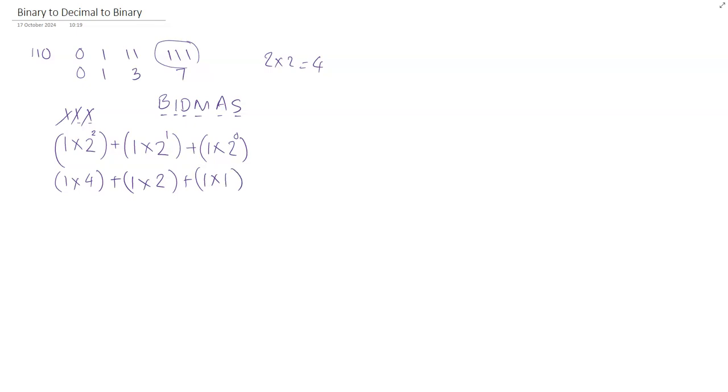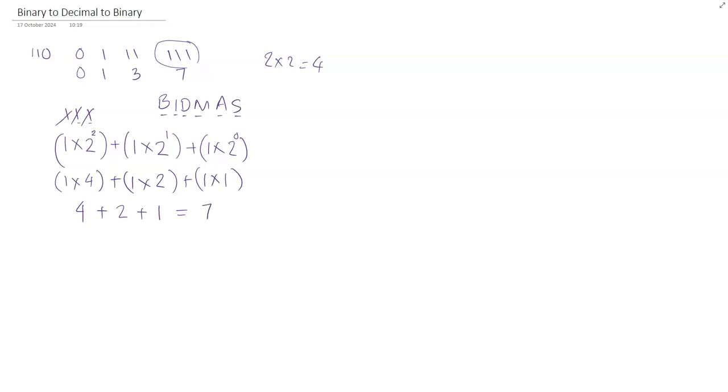So we now do the second part, again brackets. We have no division, no index, but we have multiplication. So 1 times 4 becomes 4, then plus 1 times 2, it's 2, and then 1 times 1, it's 1. If you now combine 4 plus 2, 6 plus 1, that's 7.